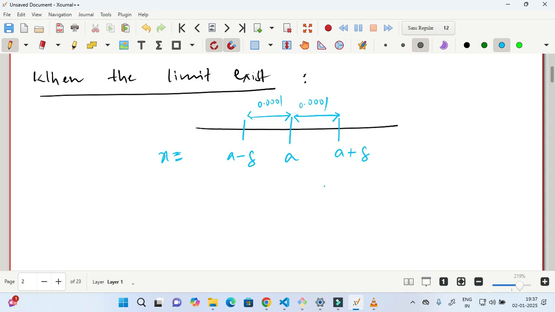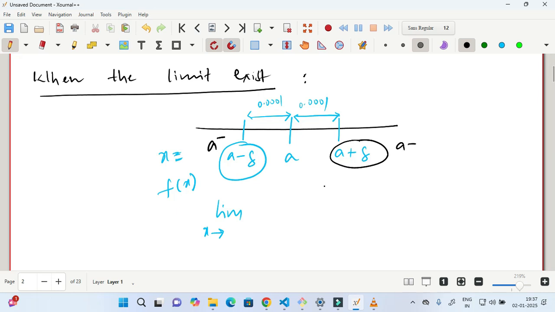Say any function f of x is there. Limit x tends to a minus of f of x is the left hand limit.